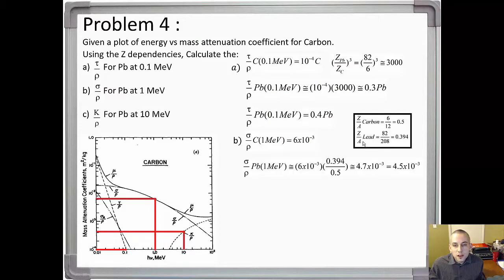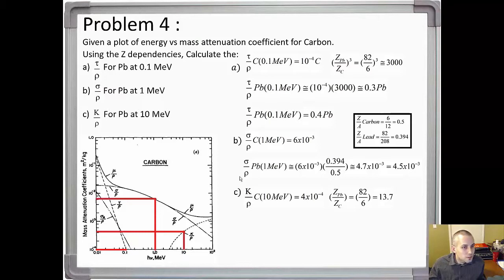The dependency is Z over A. So we can calculate that, set up a ratio, and multiply it by the value. We get our answer, approximately 4.7 times 10 to the negative 3. That's our calculated answer. But what's the actual answer? It's about 4.5 times 10 to the negative 3. So we're very close. And let's just finish off strong with C here.